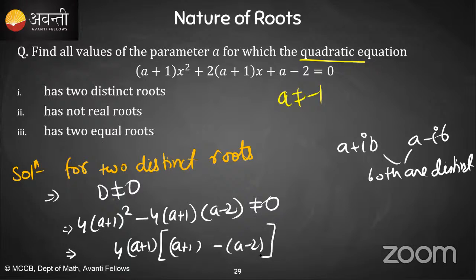Is it clear now? So this will become 1 plus 2, that is 3.